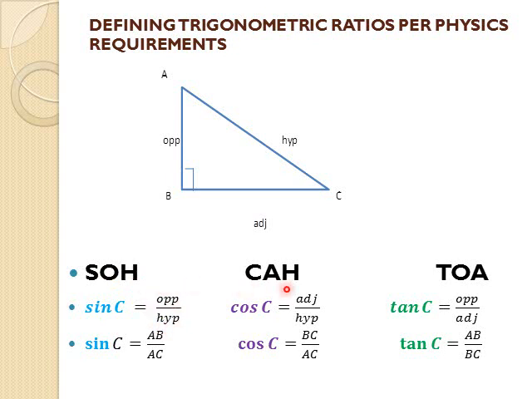I say CAH, cos angle will always equal the adjacent side over the hypotenuse. And I say TOA, tan will always equal the opposite over adjacent. So to get sine C, opposite over hypotenuse, my opposite there is AB, and my hypotenuse is AC.